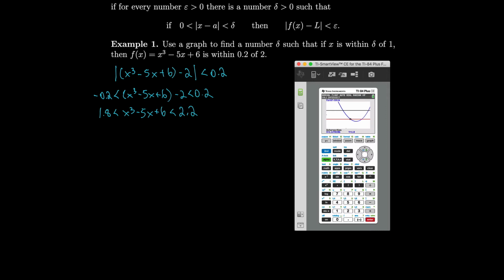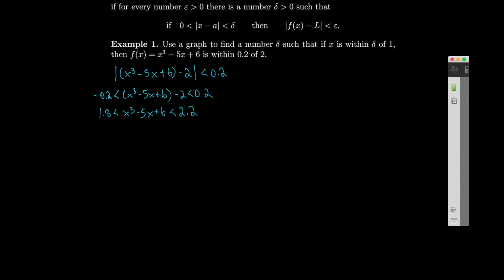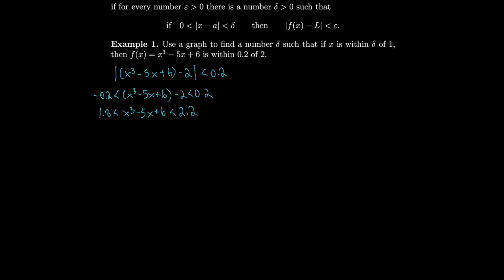Okay, so this means, let's put our calculator back, that if x is between 0.91 and 1.12, then that'll force our function to be within 1.8 and 2.2.